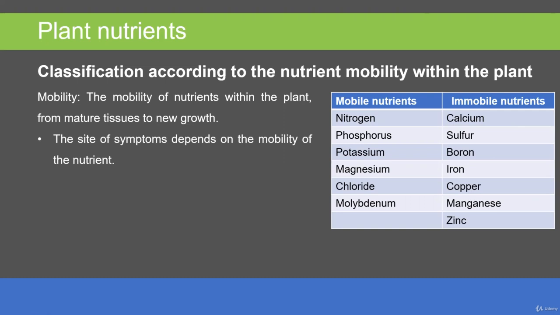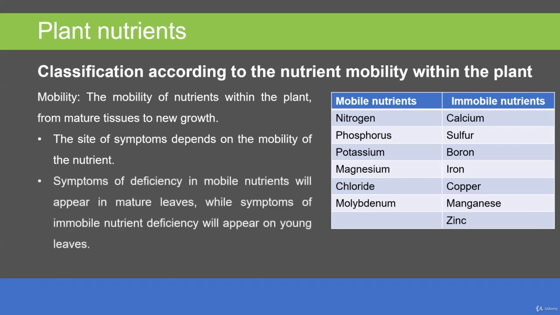Now, knowing that helps us to identify nutrient deficiencies or toxicities, because the site of visual symptoms depends on the mobility of the nutrients. Symptoms of deficiency of mobile nutrients will appear in older leaves, while symptoms of immobile nutrients will appear on younger leaves.